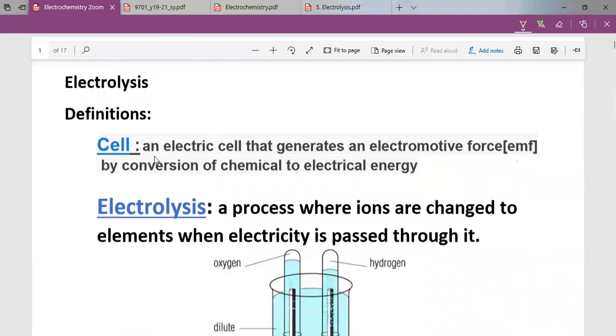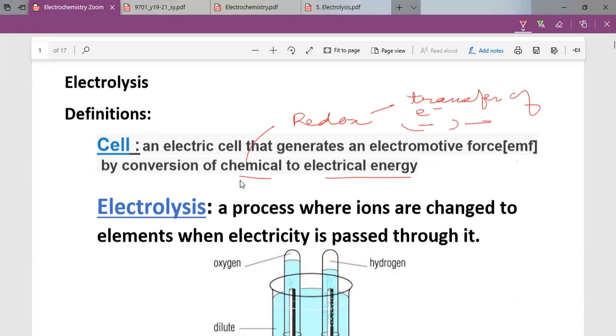An electric cell generates electromotive force, EMF, by conversion of chemical energy to electric energy, which means there's a redox reaction happening with a transfer of electrons. This transfer from the negative pole to the positive pole creates the electromotive force. So chemical energy is converted to electric energy.